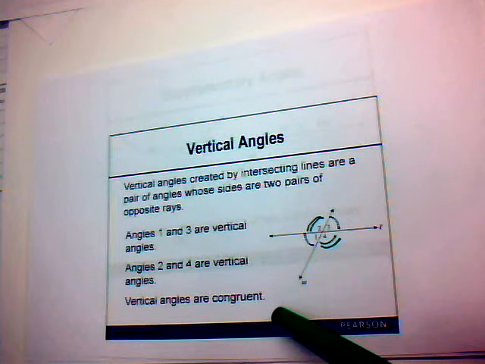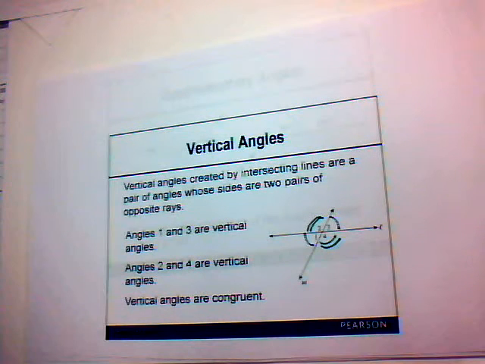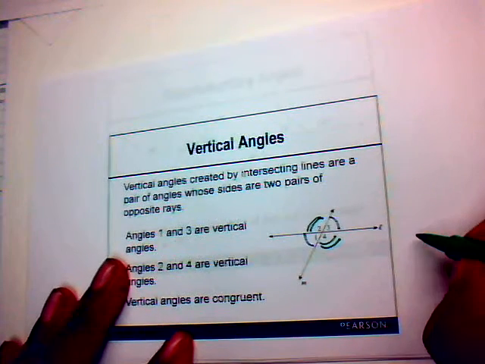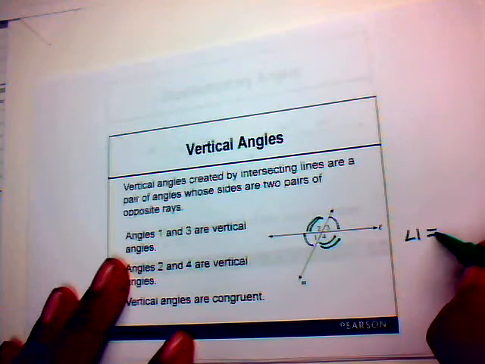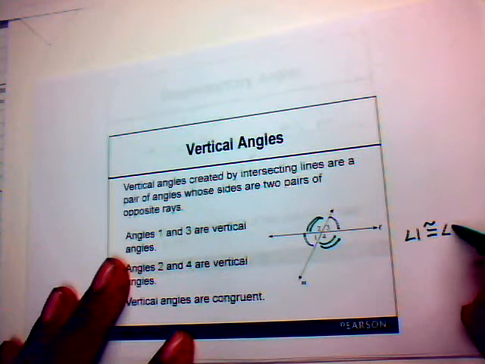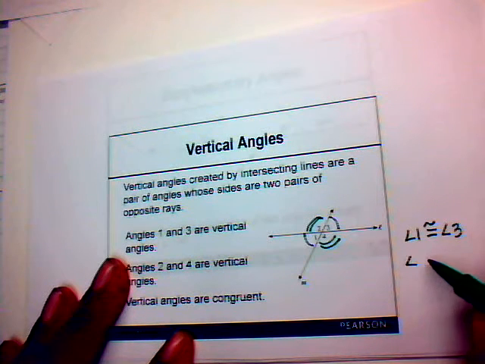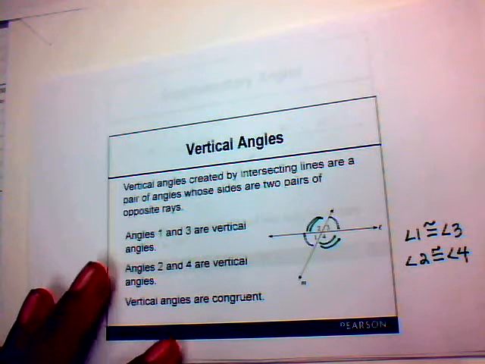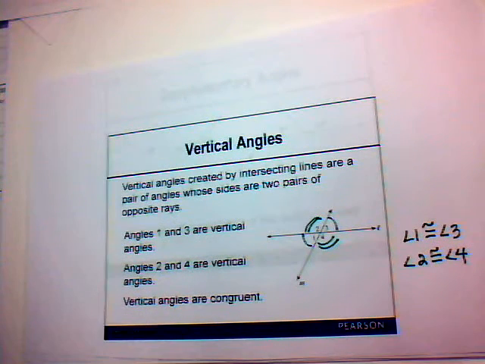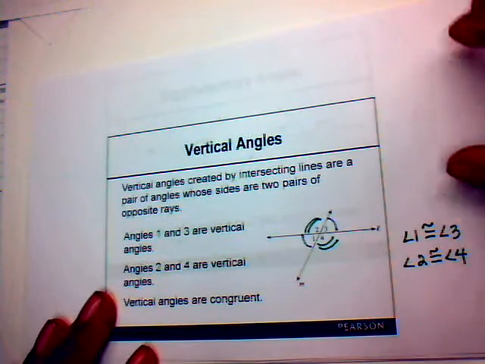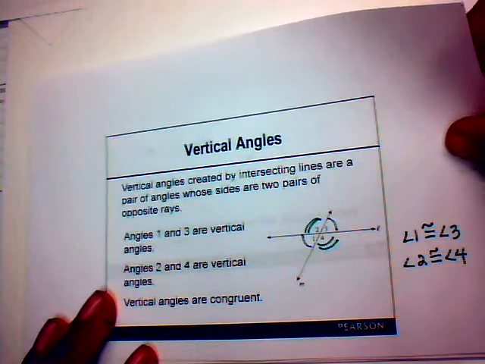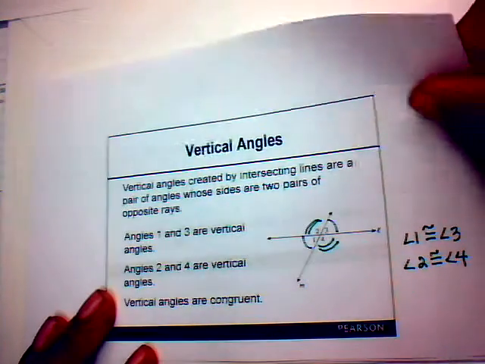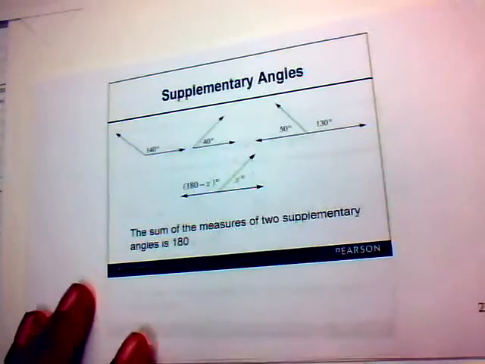And also vertical angles are congruent, meaning that angle 1 and angle 3 are congruent to each other, and also angle 2 is congruent to angle 4. So do be familiar with vertical angles and what they are, and the fact that vertical angles are congruent.